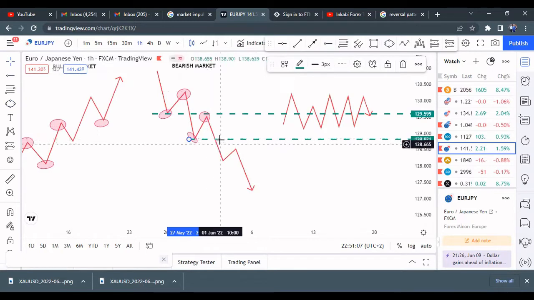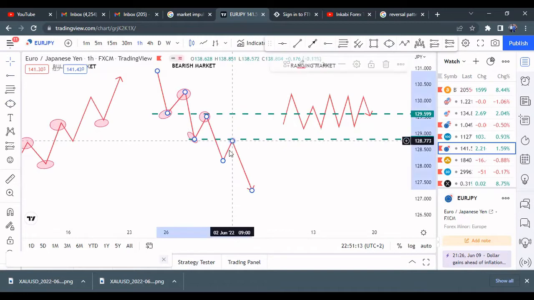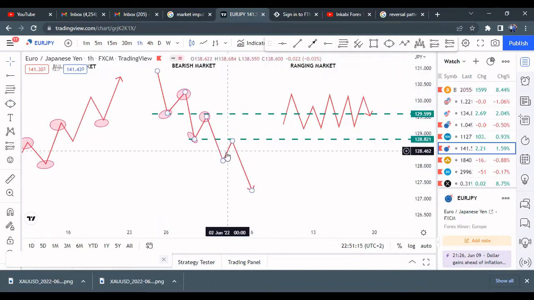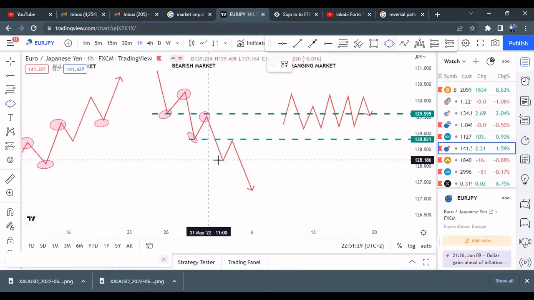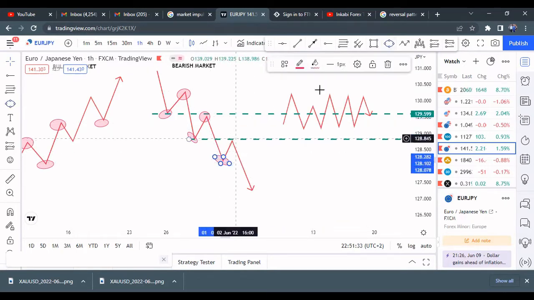But then the price breaks here, and as it breaks, we still expect the same thing. We expect the price to push down, and it has broken here. Because it has broken, we are now expecting sellers to come in. So we expect a retest here and then a continuation to the downside here. So that's how it is with the bearish market.